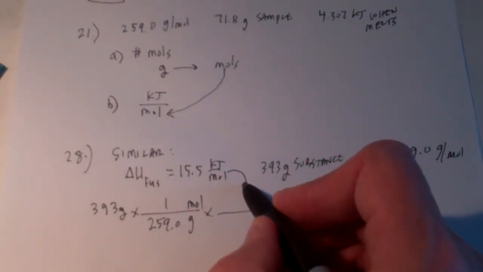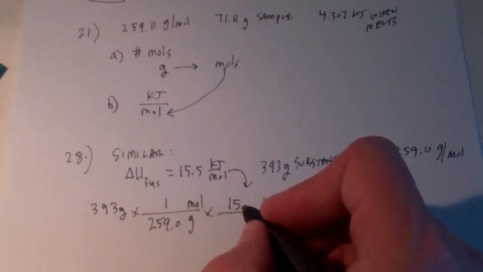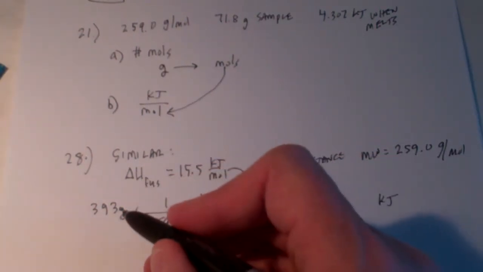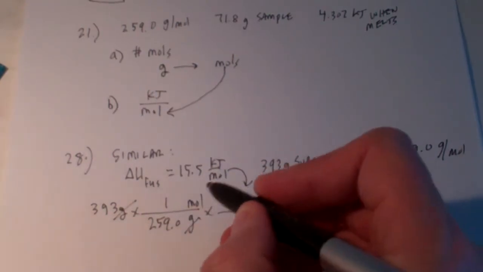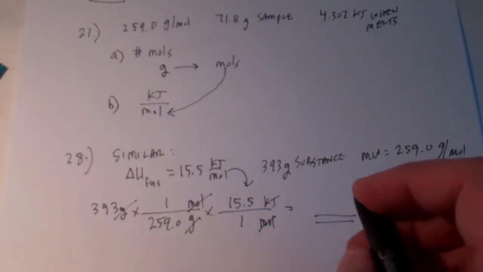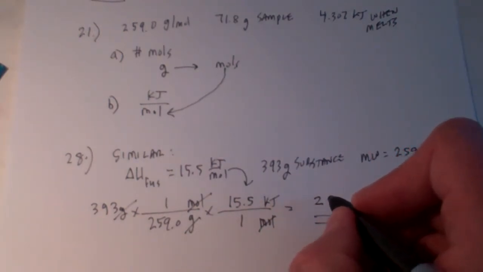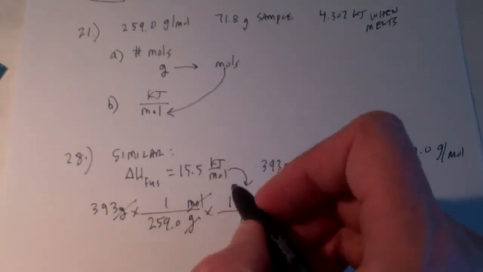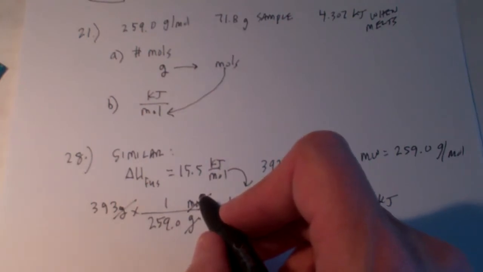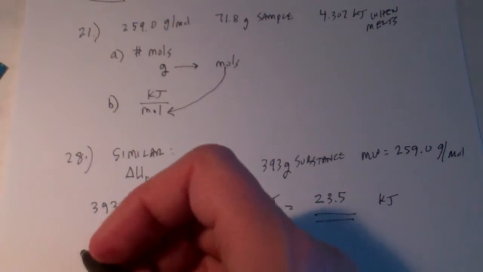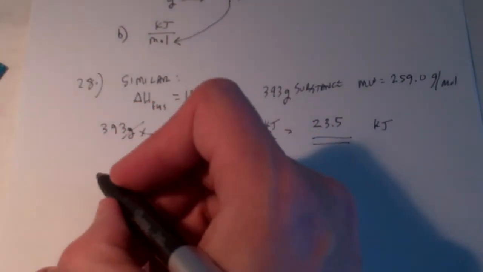So I can use that as a conversion factor, 15.5 kilojoules per mole. Now let's see if my units work. Grams divide out, moles of my substance divide out. I'm left with kilojoules. I do the math, round off to 3 sig figs, and I get 23.5 kilojoules are required. Once again, this is not problem 28, it is one that is similar to problem 28. Now, next up is number 31.